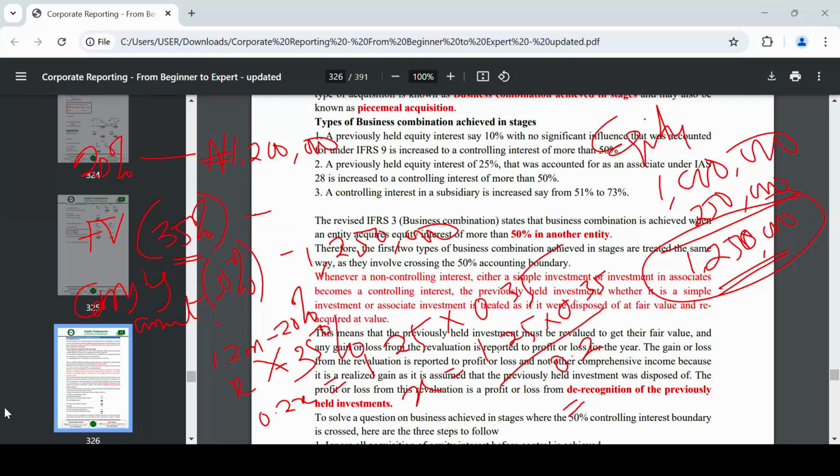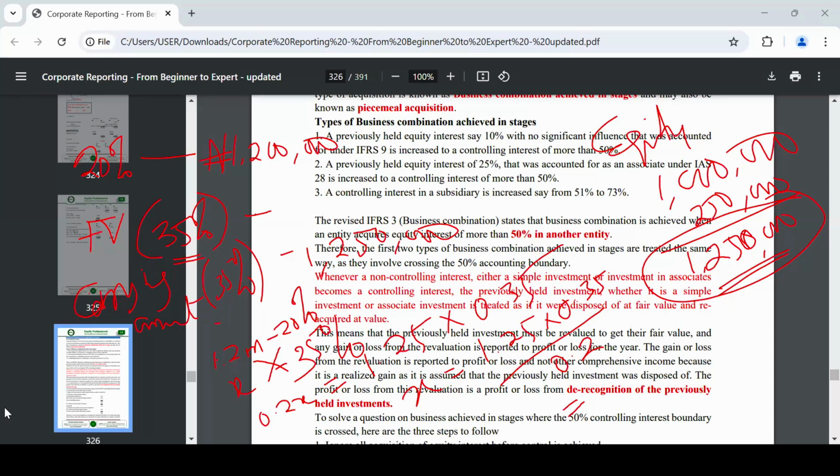If you work this out, 1,250,000 multiplied by 0.35 divided by 0.2, I will get 2,187,500.